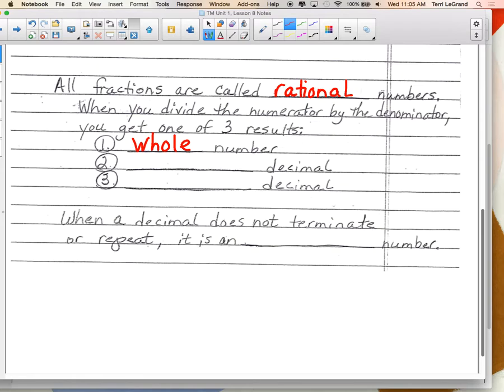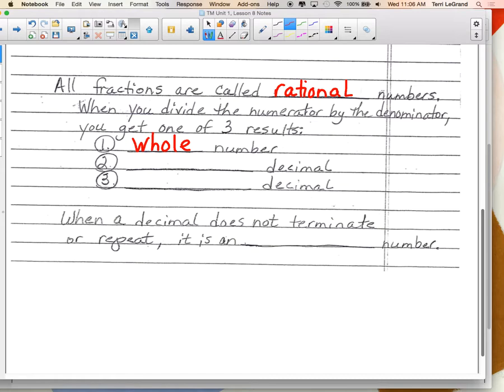Give me another possible one besides a number divided by itself. That always is going to be 1, isn't it? That's a whole number. Okay, so yeah. 4 over 2. What does 4 over 2 divide out to? 4 divided by 2? 2. It's still 2. Okay.